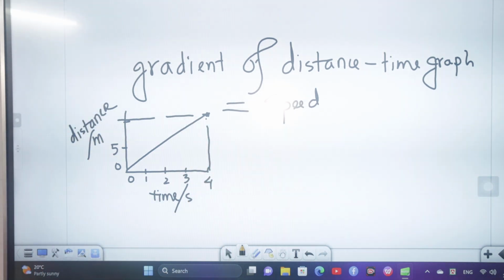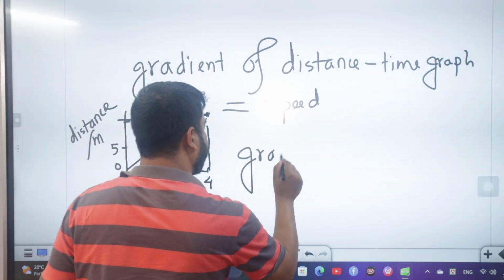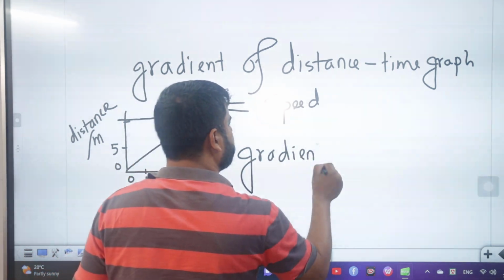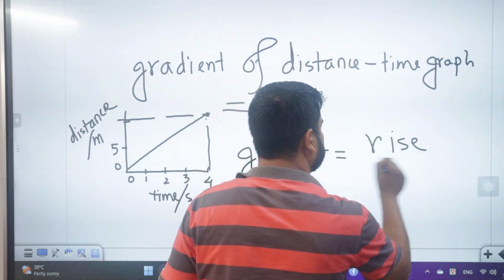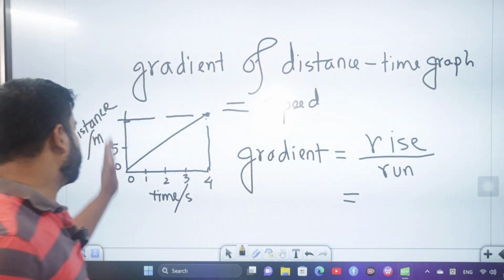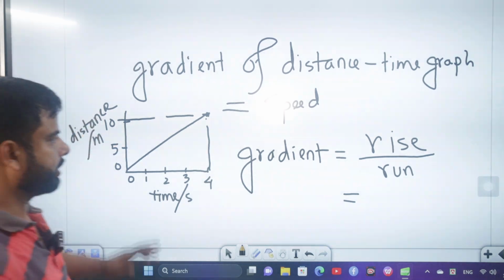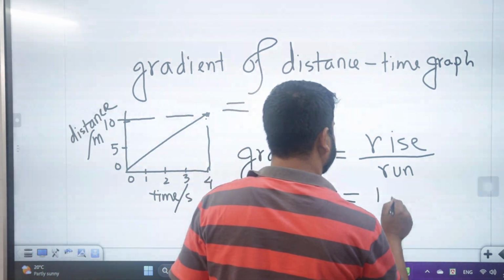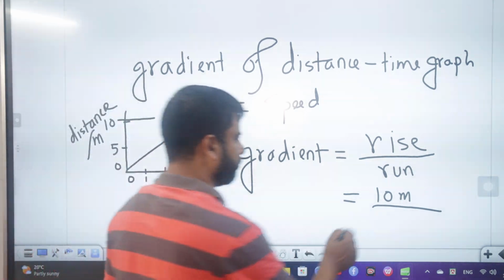So how can we calculate gradient? Remember, gradient equals rise by run. What is the meaning of rise? Here rise is in the vertical axis, here it is distance. So rise is 10 meter and run is 4 second.